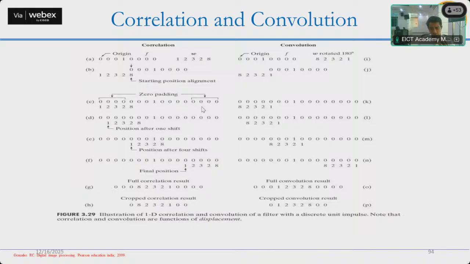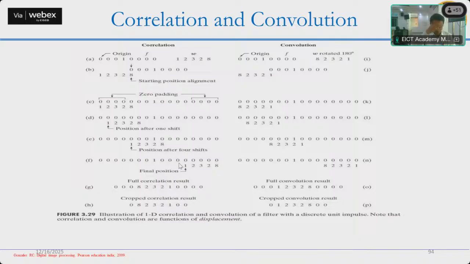So then what do we do? Then we shift it. We shift the signal, and after each shift we calculate the value. So we have just shifted to the right, and then again we shift. It is exactly the same thing we do in the original convolution of the one-dimensional signal. What will be the final position? The final position will be when the last element, 8, coincides with the 0.